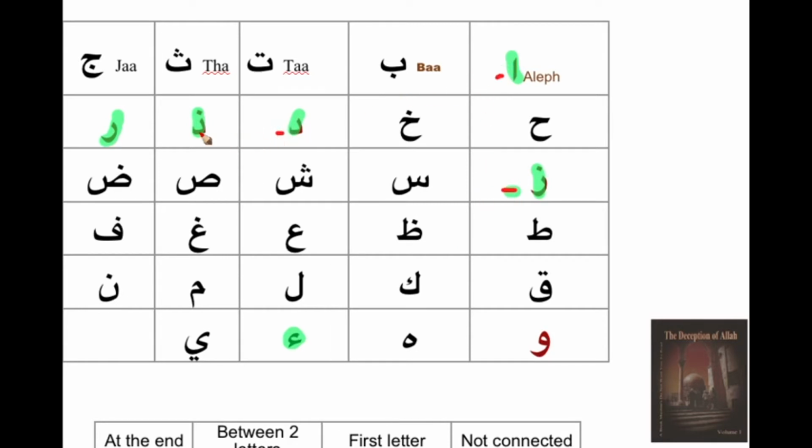I'm putting the red line so you know that this is not connected. You cannot connect from this one. Alright, so those letters cannot connect from the left side. Anytime you see them anywhere, it doesn't matter, you don't connect to the left. Very simple.